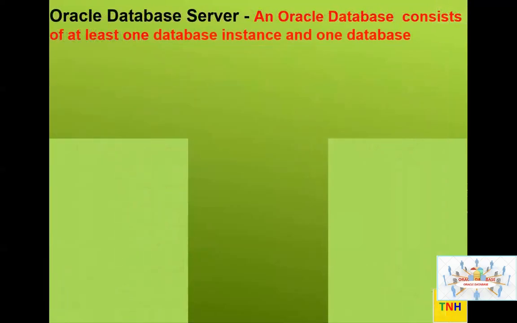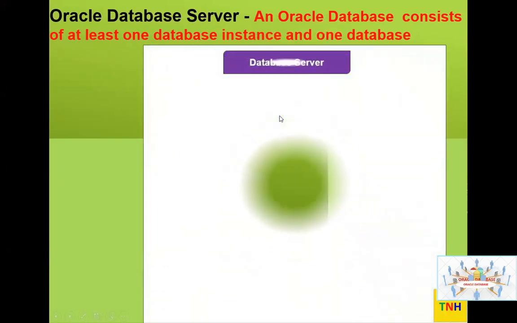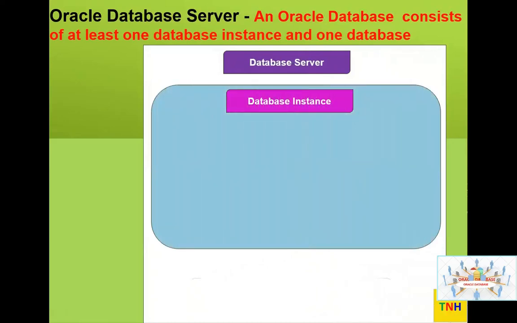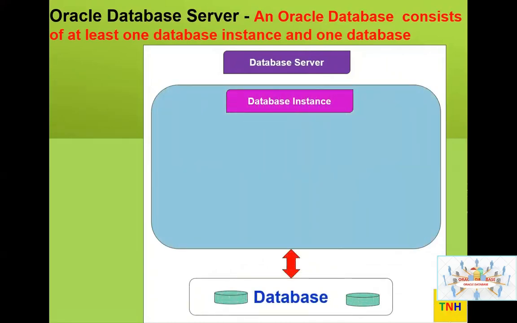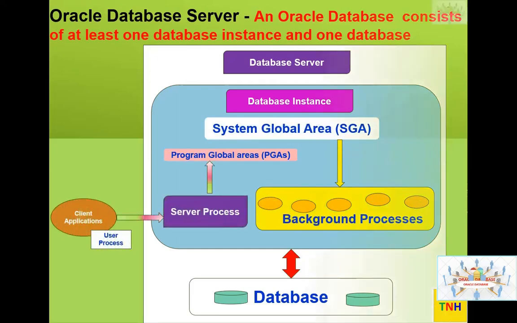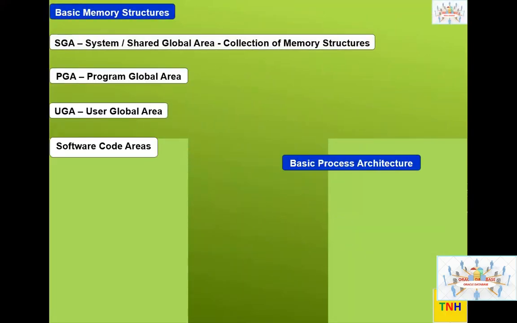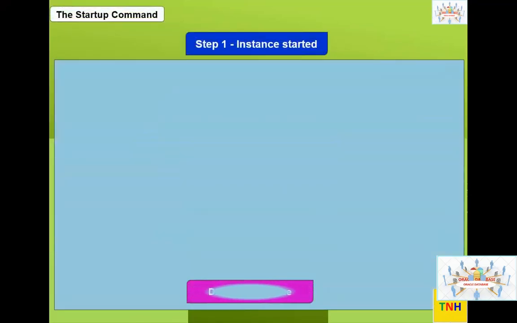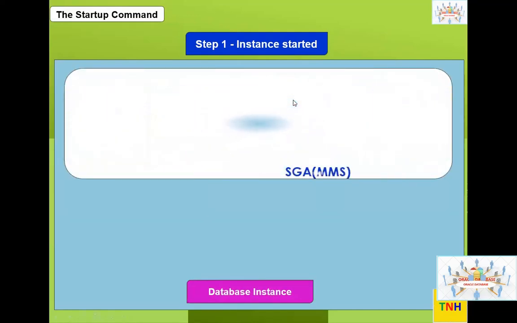The next slide is starting right away with Oracle Database Server. What is Oracle Database Server, and we are going to start explaining the basics, the database server and how it looks. This is just a start, and later we will get into more details with architecture, basic memory structure, process architecture, and a deep dive into the instance startup, with a lot of explanations.